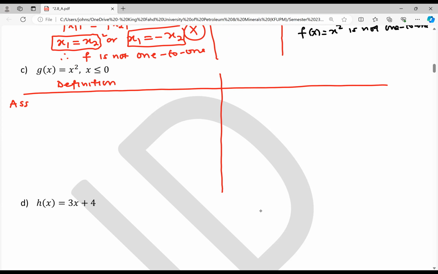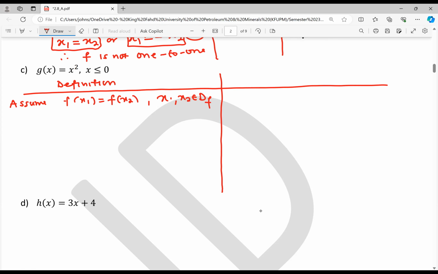So we assume that f of x1 is equal to f of x2. Still, x1 and x2 will come from the domain of f. Now, what is f of x1? But now, what is this domain? So here we have to be careful.